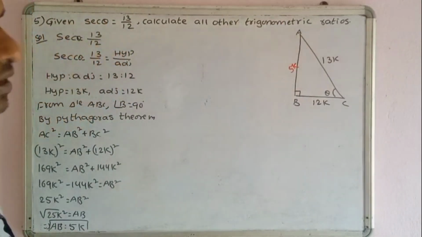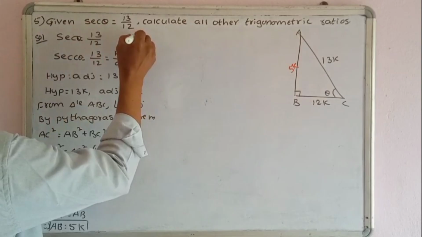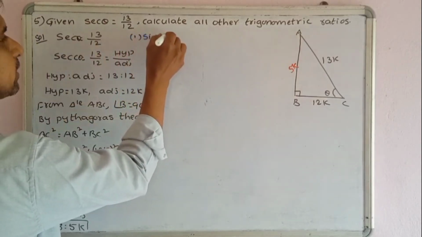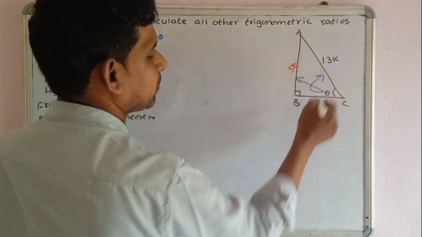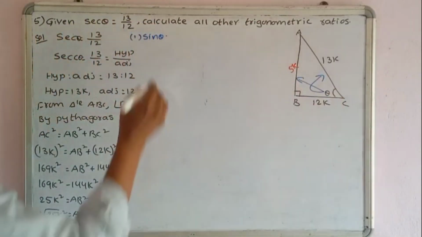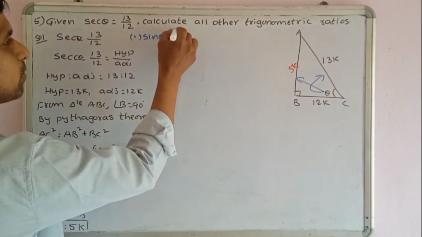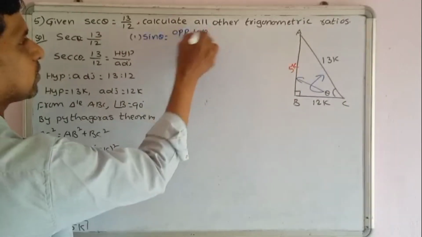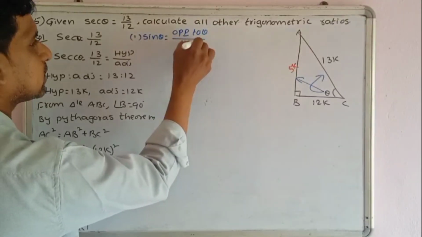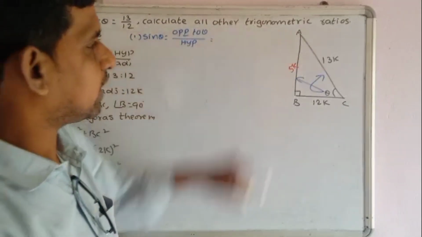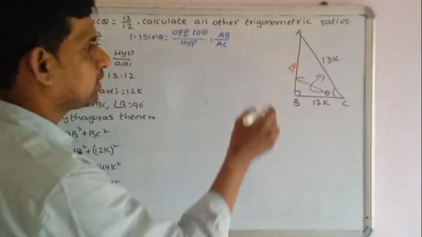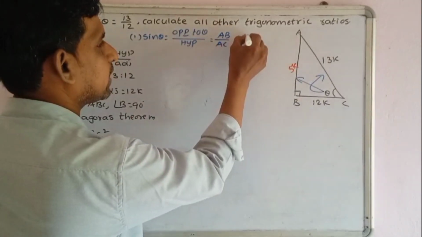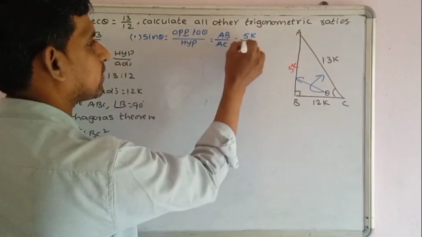Now we will find all trigonometric ratios. First one is sin theta. Sin theta means side opposite to theta over hypotenuse. This is opposite, hypotenuse, and the remaining is adjacent. Side opposite to theta is AB, hypotenuse is AC. AB value 5K, AC value 13K.